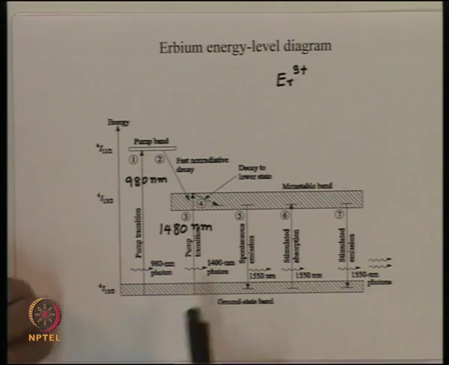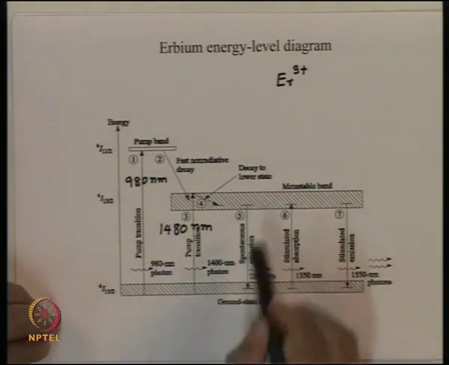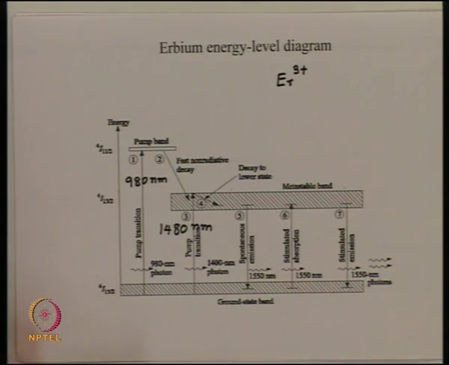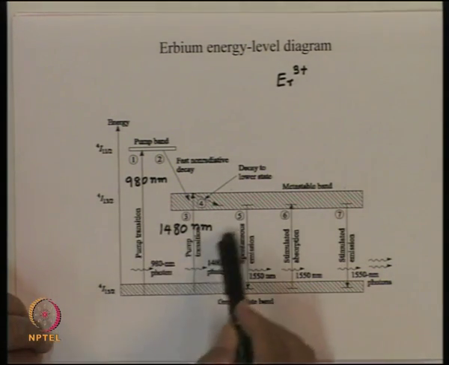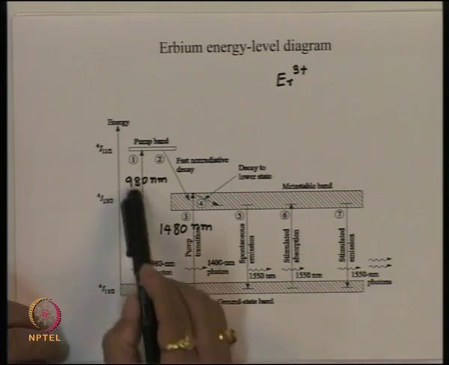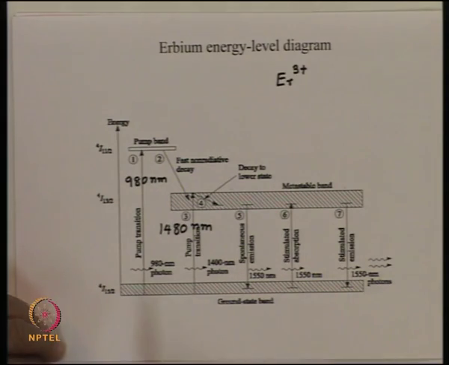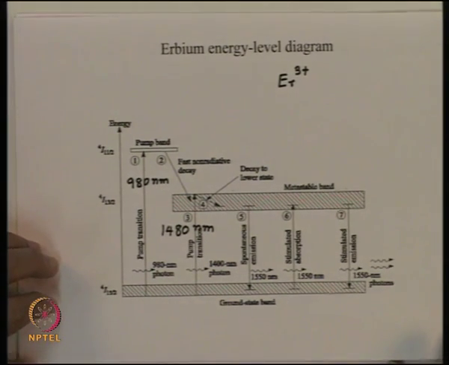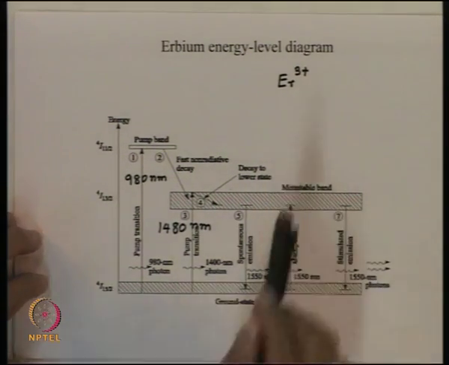We have also seen that since these two spectra are overlapping, filtering of this pump on the other side becomes rather difficult. So, the 980 pump is the one which is preferred for pumping the erbium doped glass.